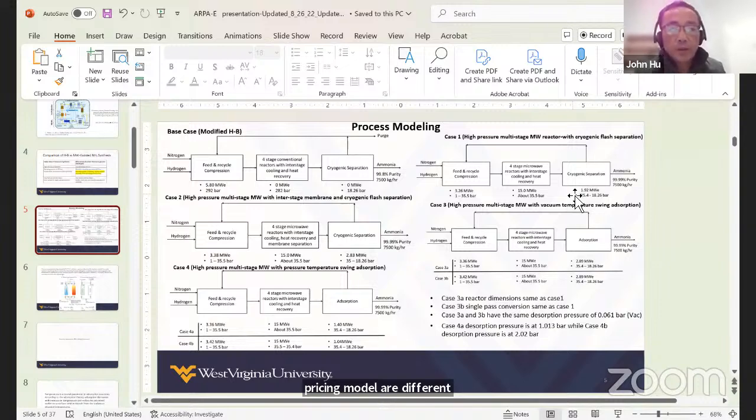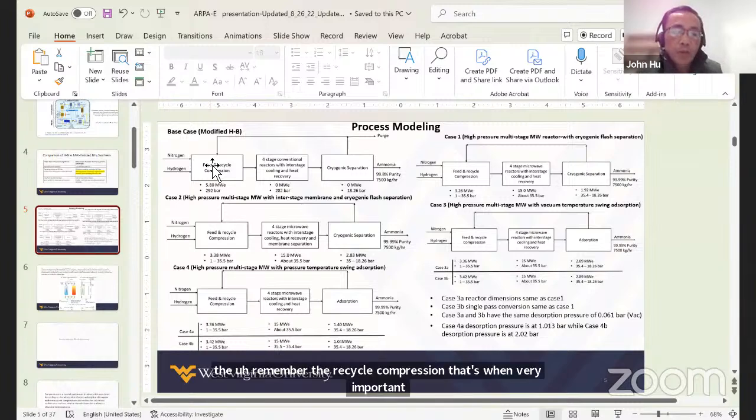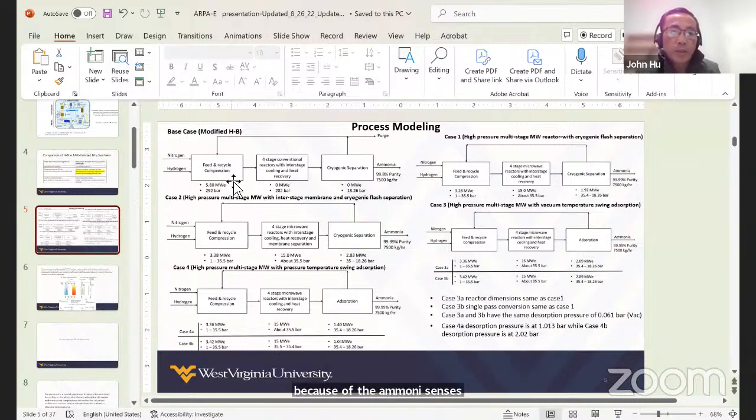For simplicity, we break the Haber-Bosch process into three sections. One is the feedstock, the recycle and compression. Remember the feedstock, the recycle compression. That's very important because the ammonia synthesis is not 100% conversion.